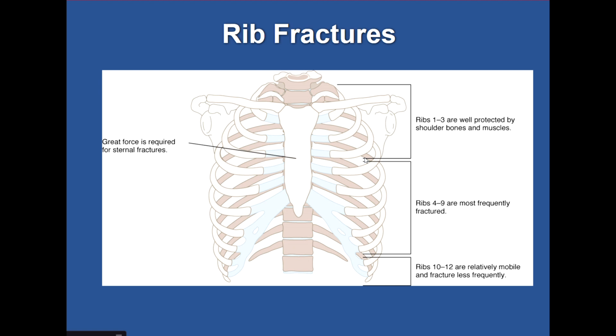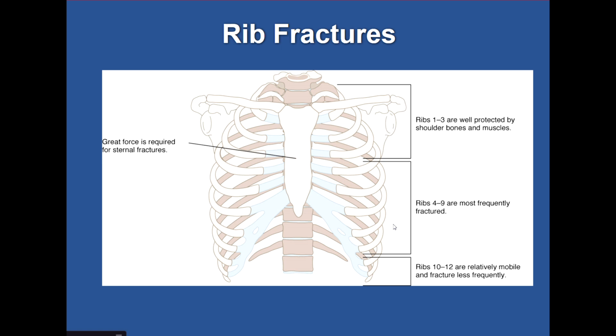Ribs 4 through 9 are actually what's most often fractured, and we'll see what organs lie beneath those that we have to worry about if one of those fractures should come loose and become displaced and actually puncture an organ below them. They could have even more significant damage.